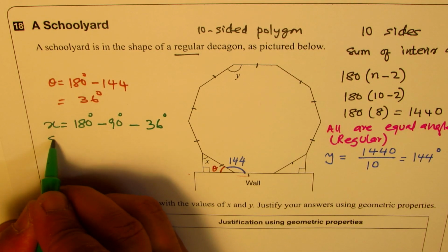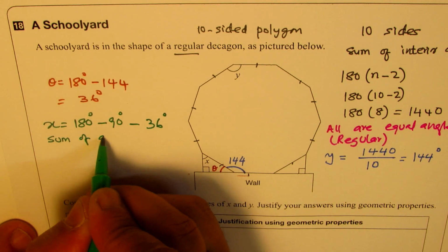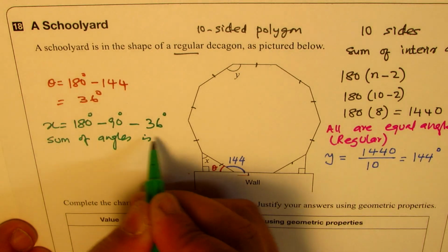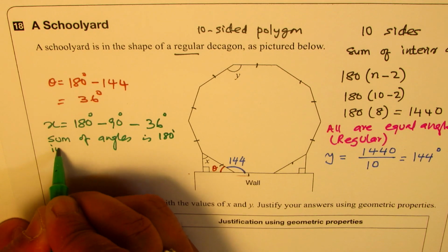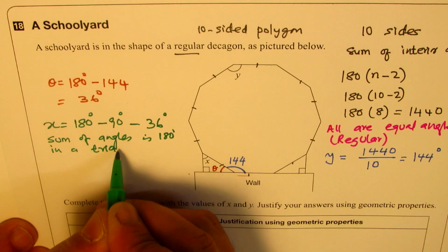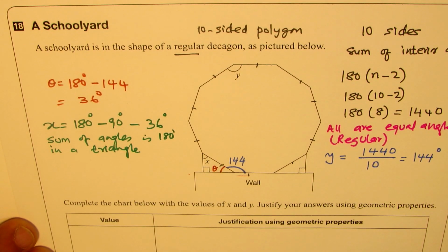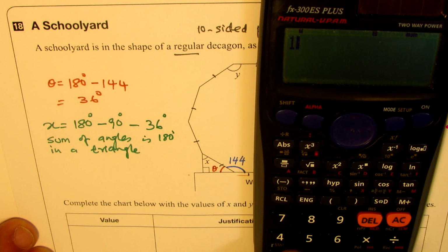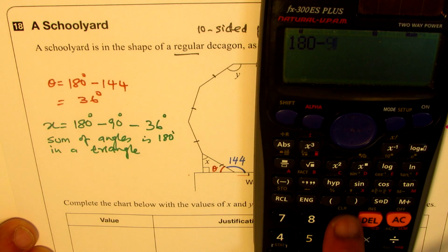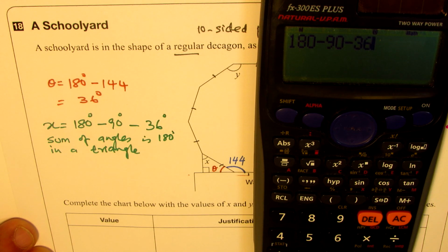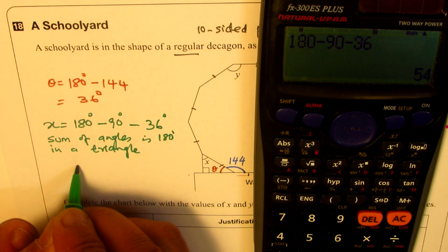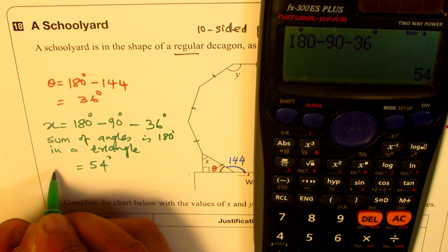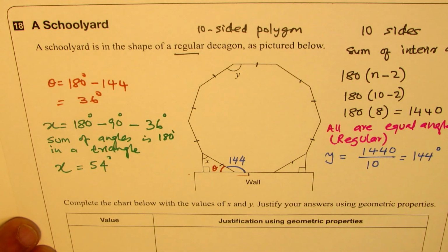This is because of sum of angles is 180 degrees in a triangle. So let's calculate this answer now. So we get 180 minus 90 minus 36 degrees, and that gives us 54 degrees. So x is 54 degrees, correct?